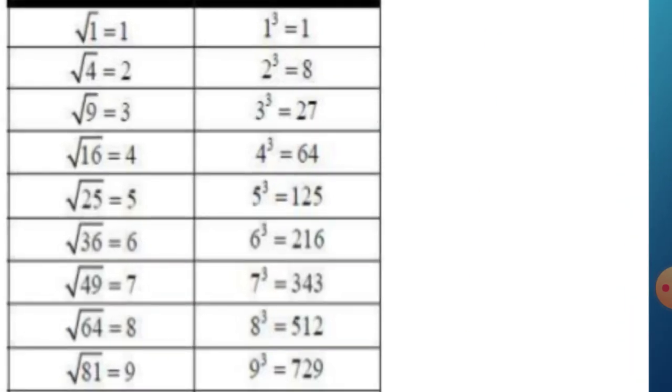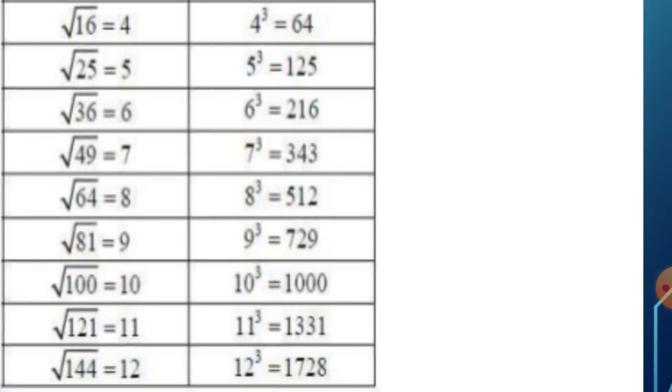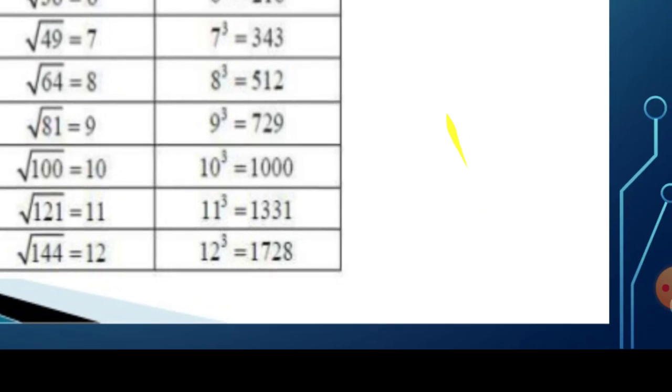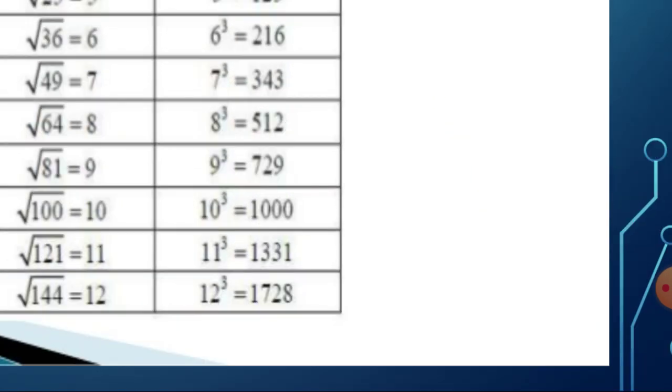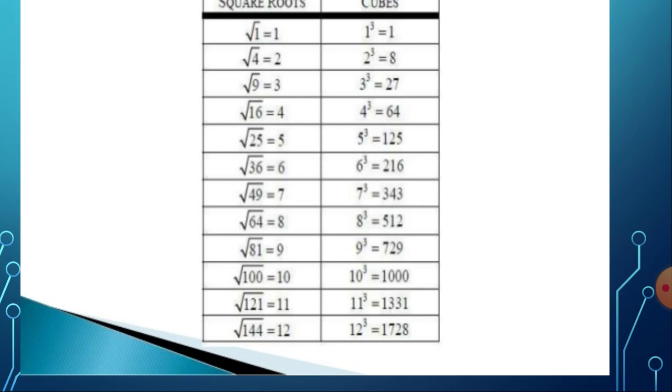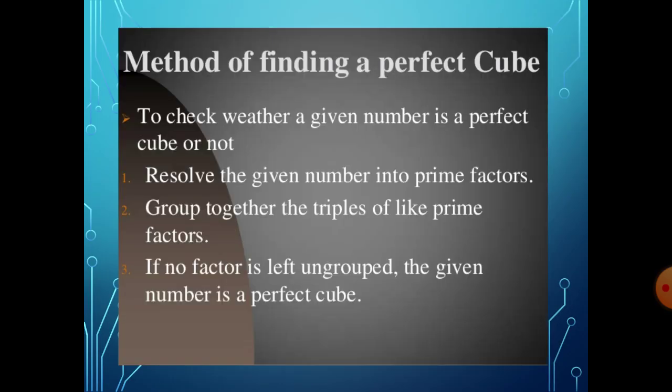Cube of 4 is 64. Cube of 5 is 125. Cube of 6 is 216. Cube of 7 is 343. Cube of 8 is 512. Cube of 9 is 729. Cube of 10 is 1000. Cube of 11 is 1331. Cube of 12 is 1728. At least you have to learn the cubes from number 1 to 10.